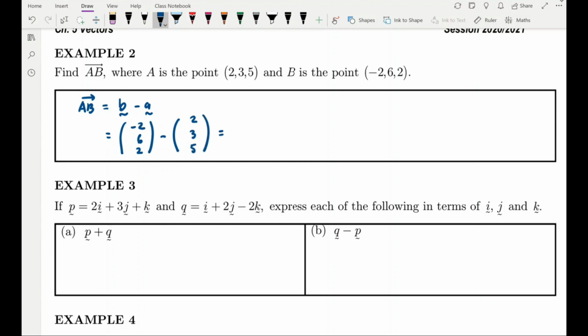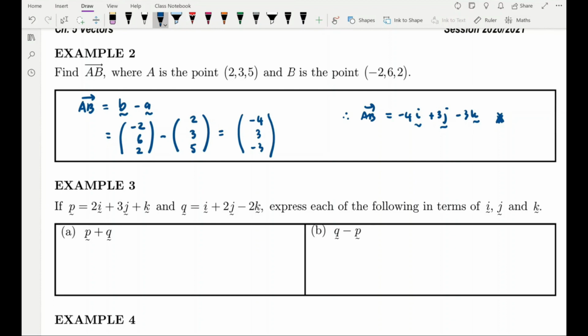So the answer is negative 4, 3 and negative 3. Or we can rewrite as vector AB is negative 4i plus 3j minus 3k. Don't forget to rewrite again in terms of i, j and k.